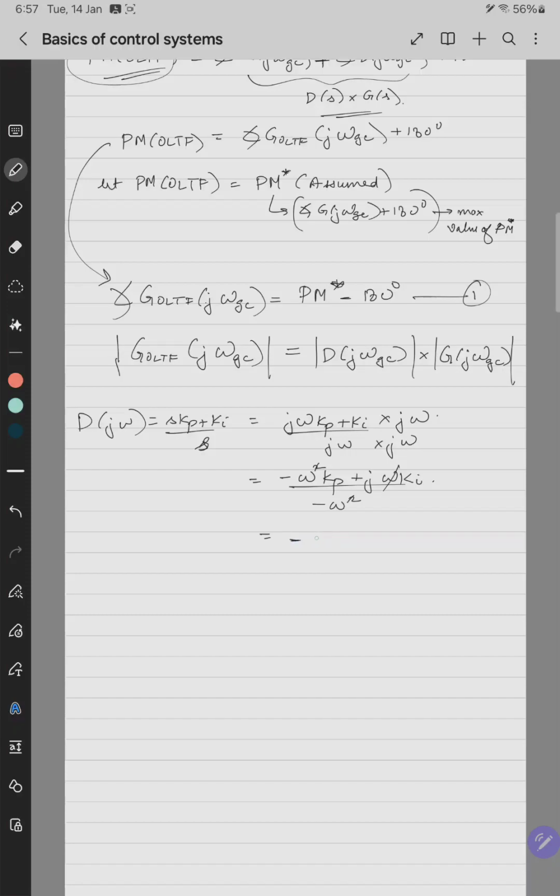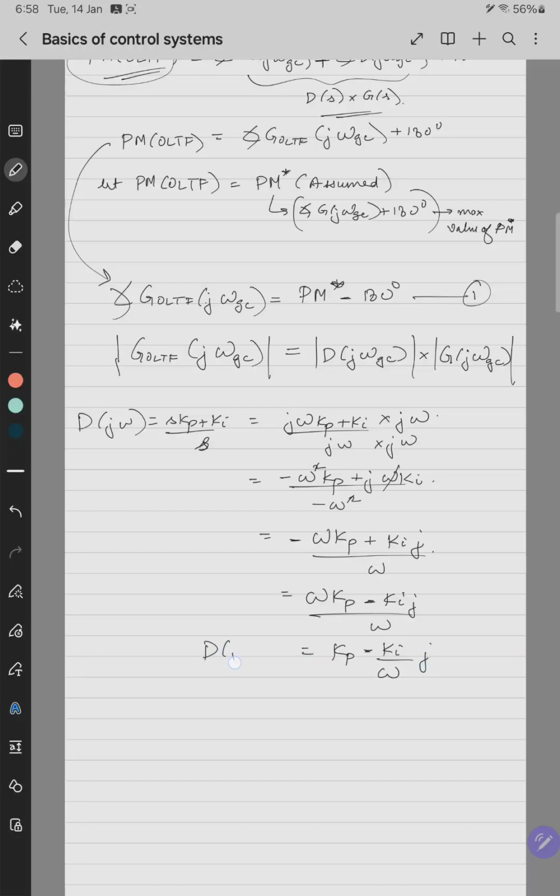It will be minus kp minus ki by omega into j.